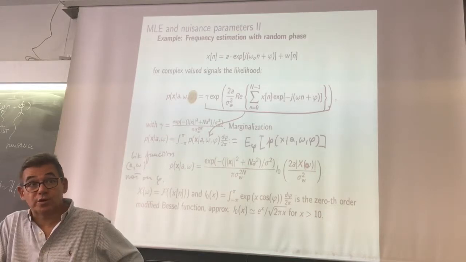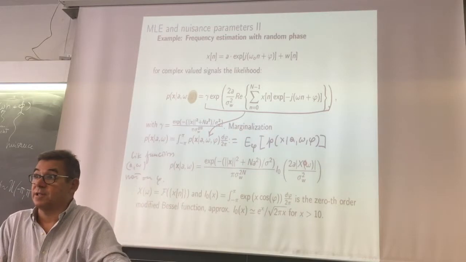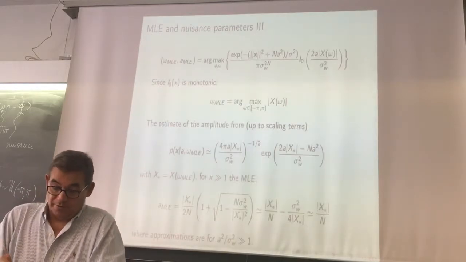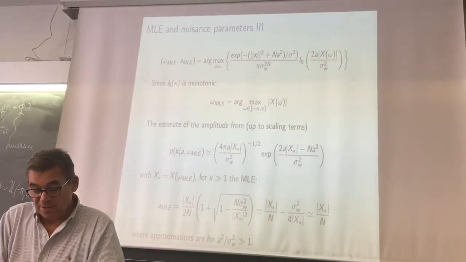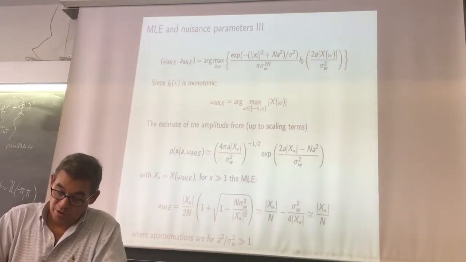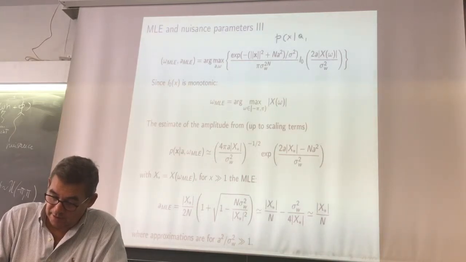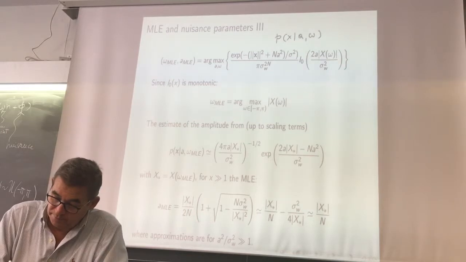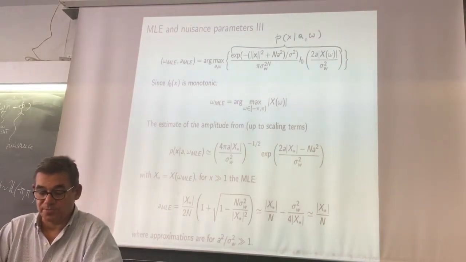The absolute value of the Fourier transform will be called the periodogram, but that's something that we will see. So, what is the maximum likelihood now? The maximum likelihood is simply the maximization of that new likelihood function, which, just to copy, is a function of A and omega. It's just obtained by marginalization.